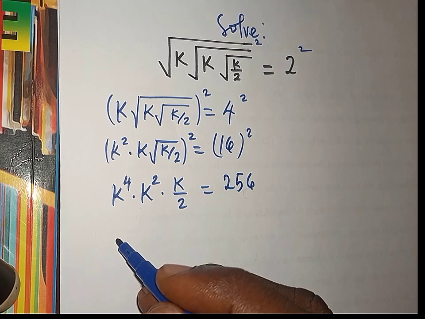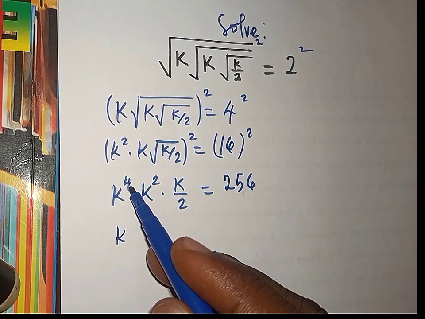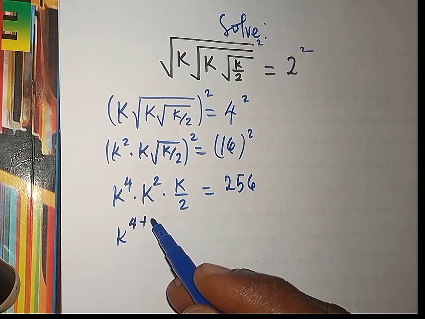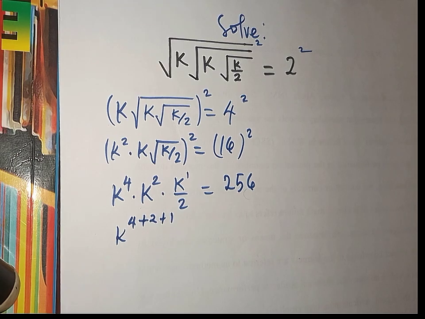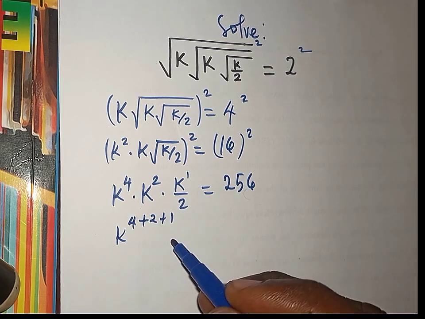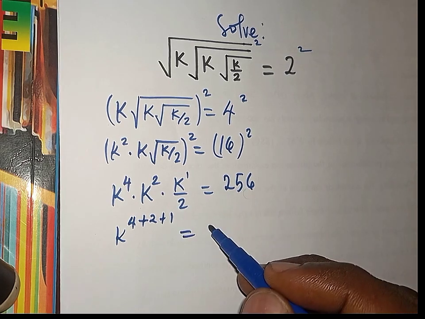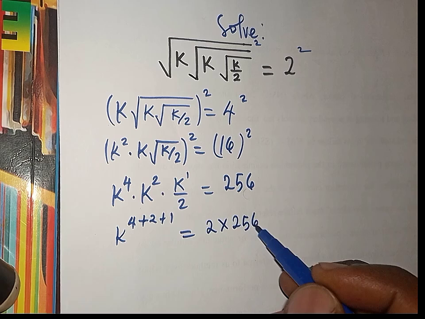So from there we are going to have k to the power 4 plus 2 plus k to the power 1, that is from the law of indices. Then we multiply 2 times 256.